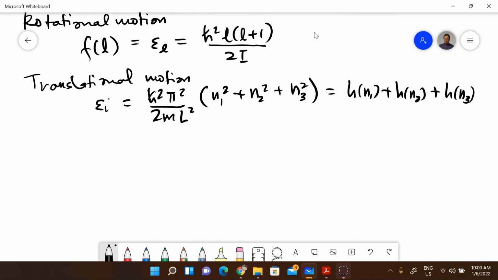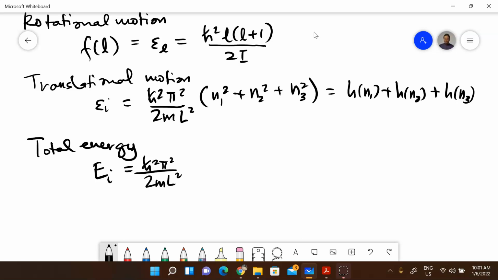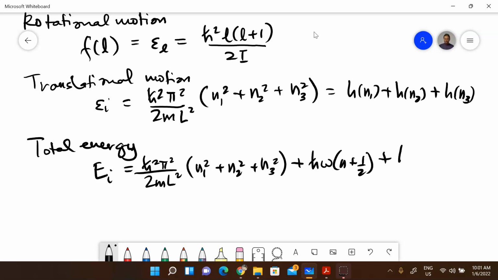So the total energy, which I write as capital E_i, is given by h bar squared pi squared on 2mL squared times (n1 squared plus n2 squared plus n3 squared), plus h bar omega (n plus a half), plus h bar squared L(L plus 1) on 2I.